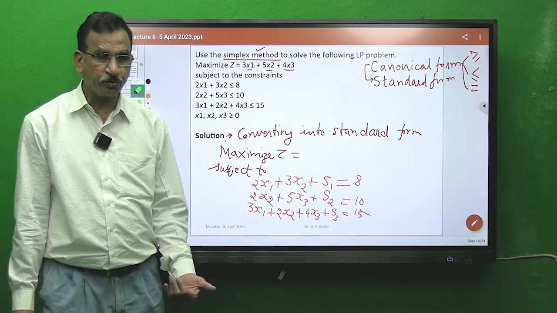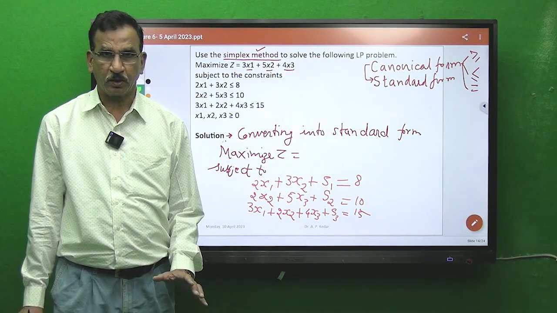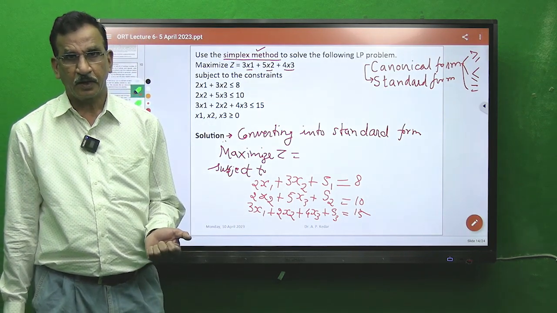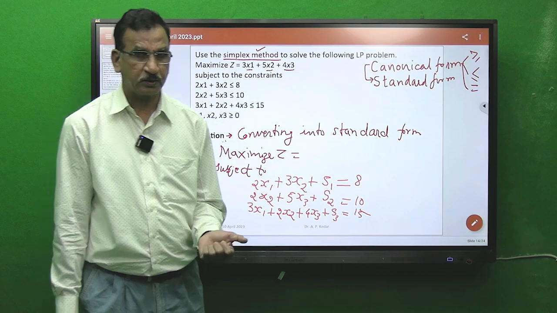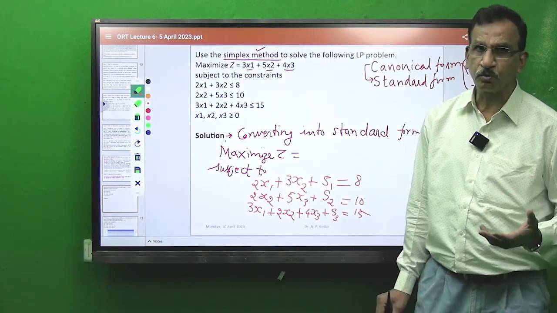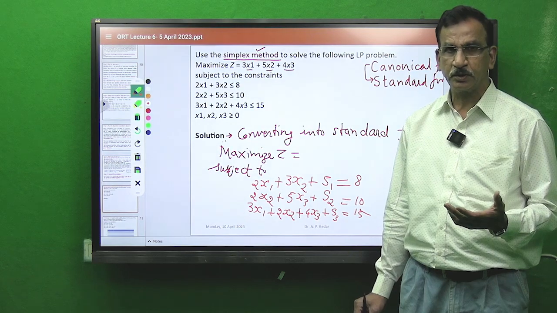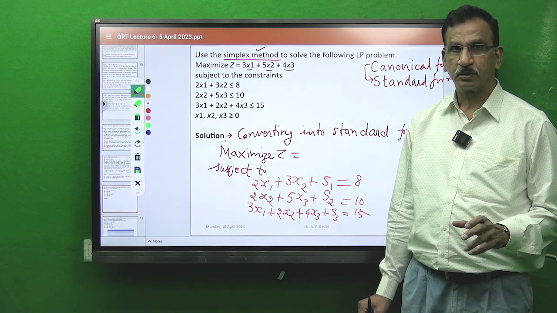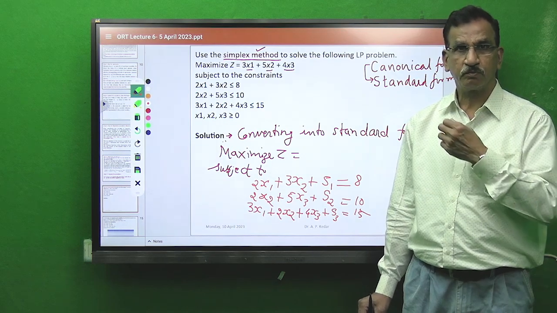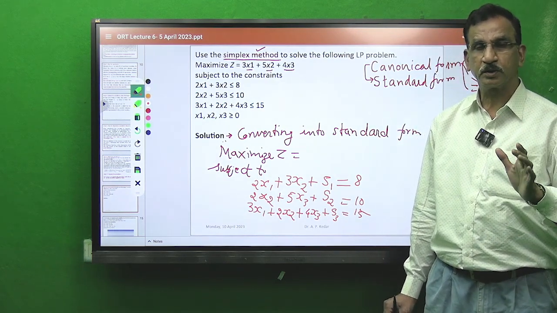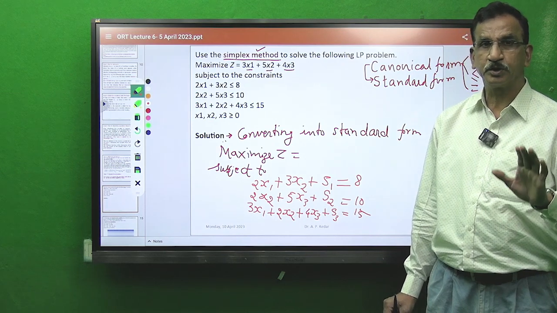When we are not producing, when we are not having any quantity of slack, that is S1 and S2 and S3, so the profit coefficient associated with these fictitious variables will be 0. Mind well, it will be 0, which is to be considered in objective function.